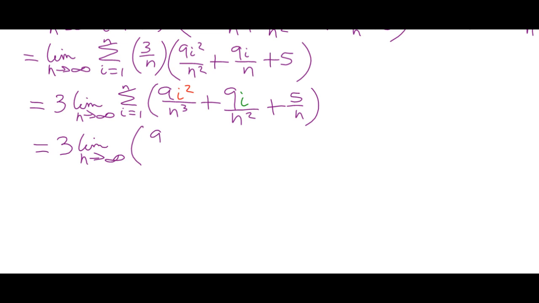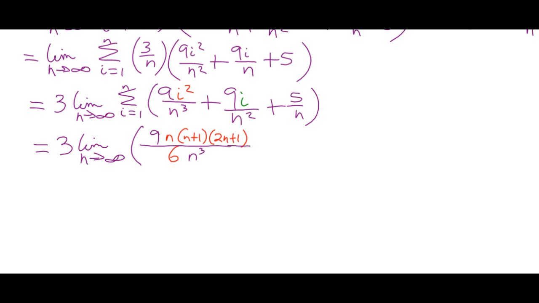We have 9, let's put a bracket down. We got a 9, and on the bottom we got an n cubed, and then the sum of i squared is n times n plus 1 times 2n plus 1 over 6.